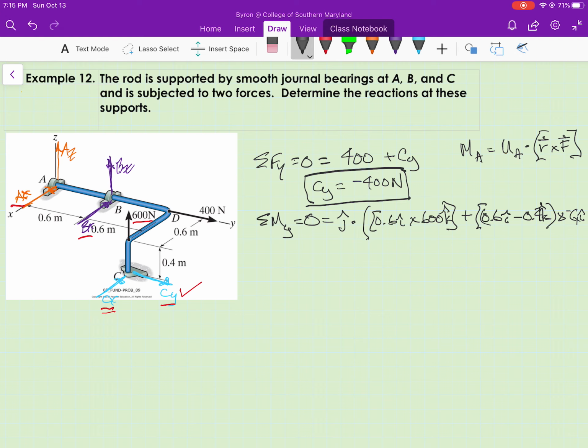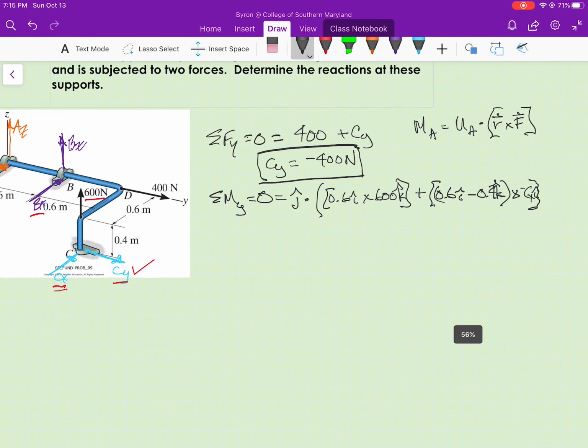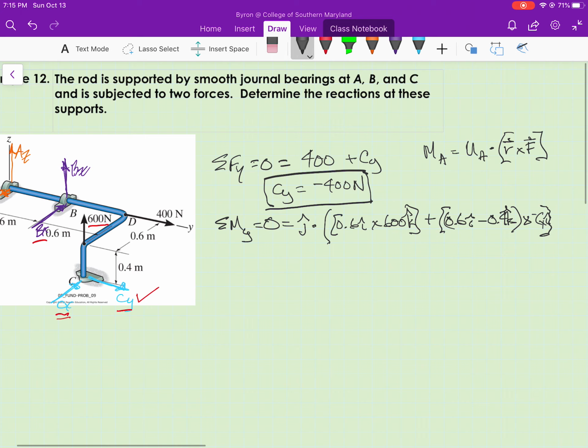Okay, now I'm going to put a bracket there, make this a little bit smaller, and then I'm going to put a parenthesis here. I think that'll work.